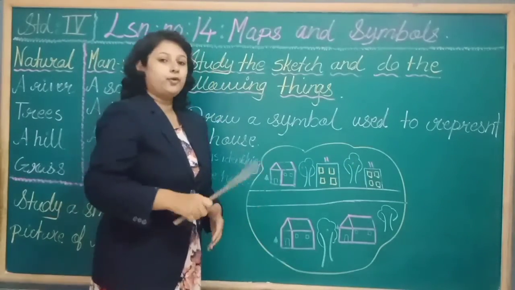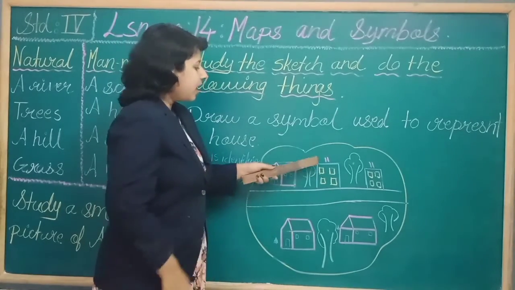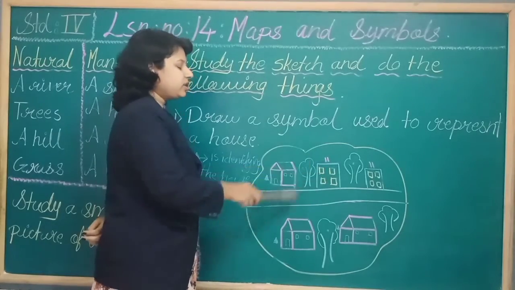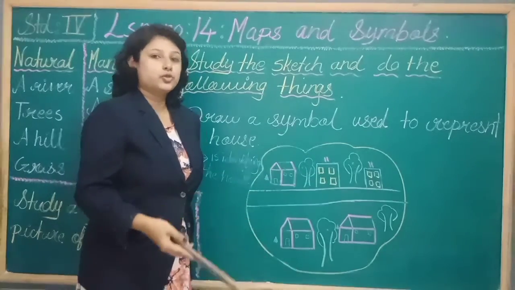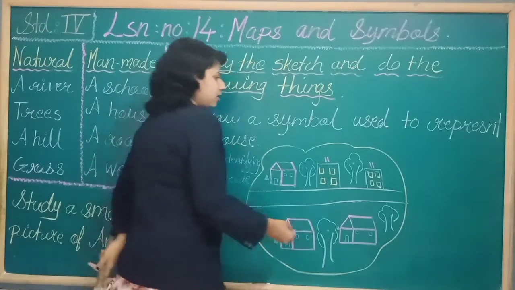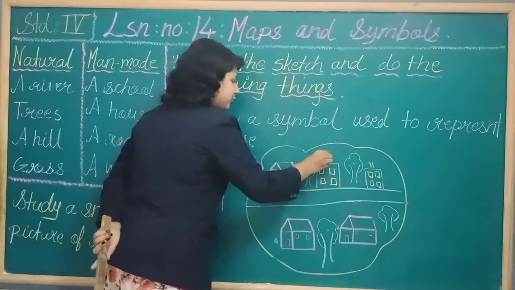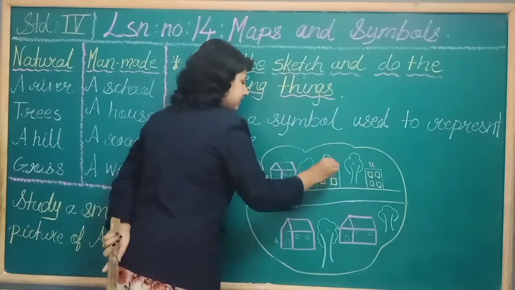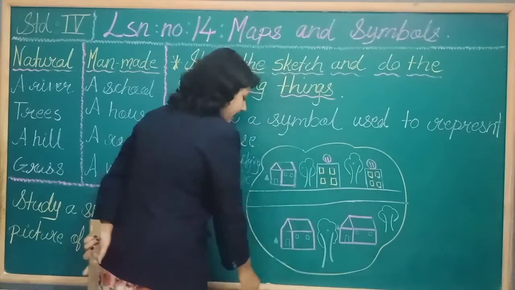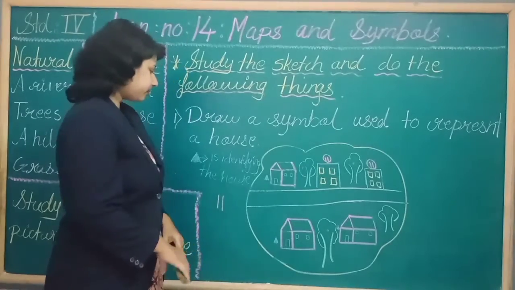In the same way, for more examples, if the question is asked to identify the school, then you will just draw two lines. As you can see here, the symbol of two lines identifies the school.